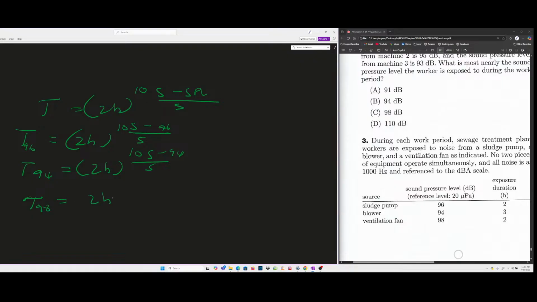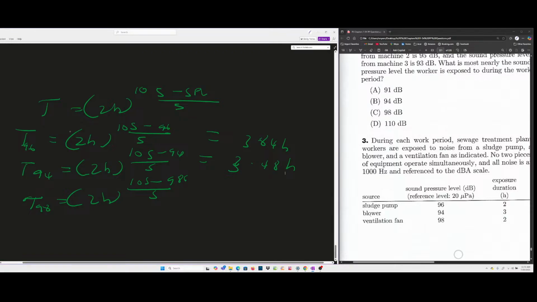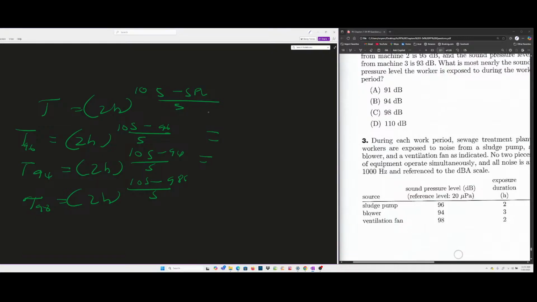T98 is 2 raised to 105 minus 98 over 5. So this is 3.48 hours, this was 4.59 hours, and this was 2.64 hours.